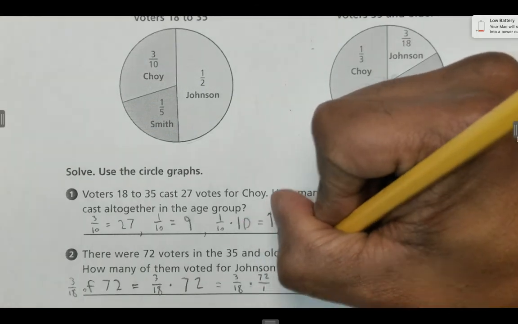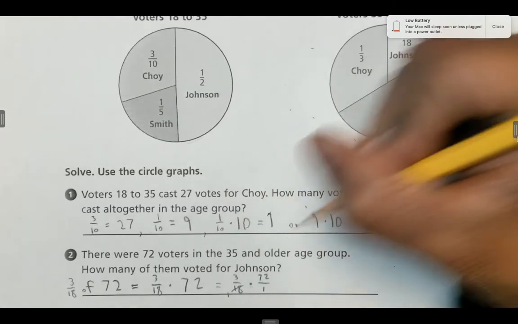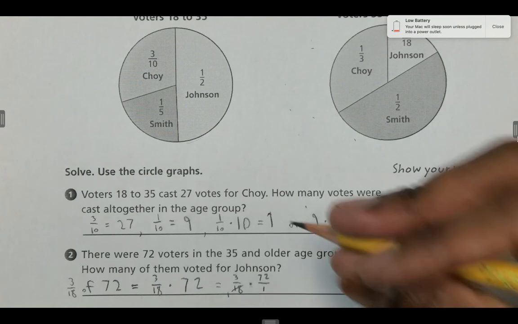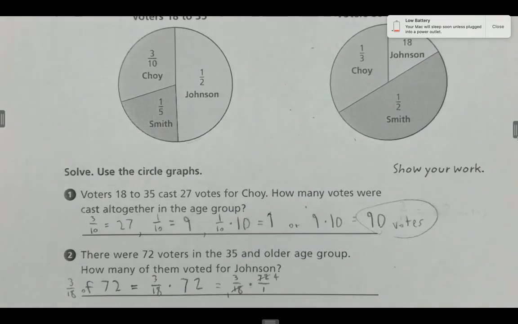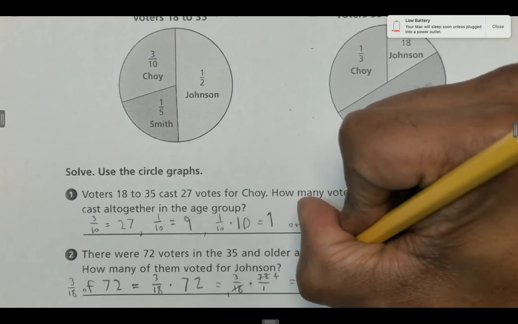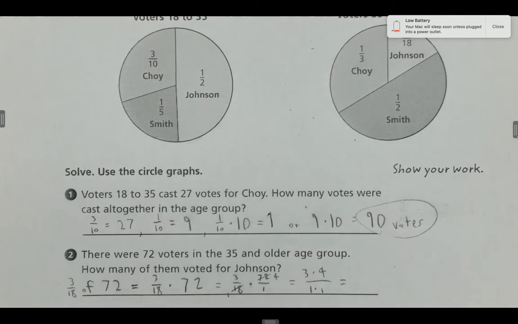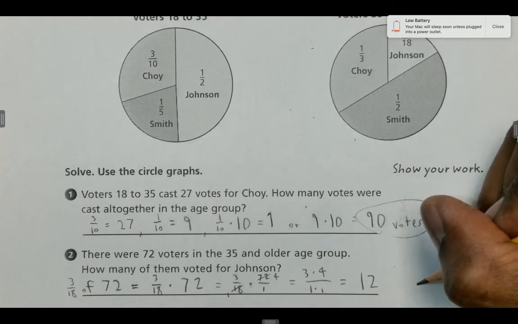So, how many times does 18 go into itself? Once. How many times does 18 go into 72? In this case, 4. Now, multiply across the top, 3 times 4. Multiply across the bottom, 1 times 1. And get a final answer of 12 voters.